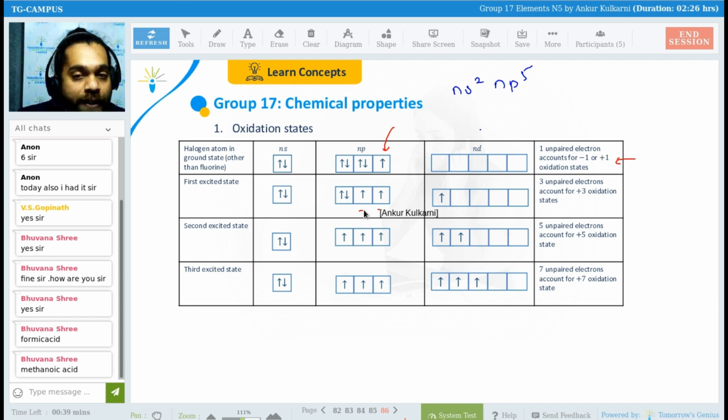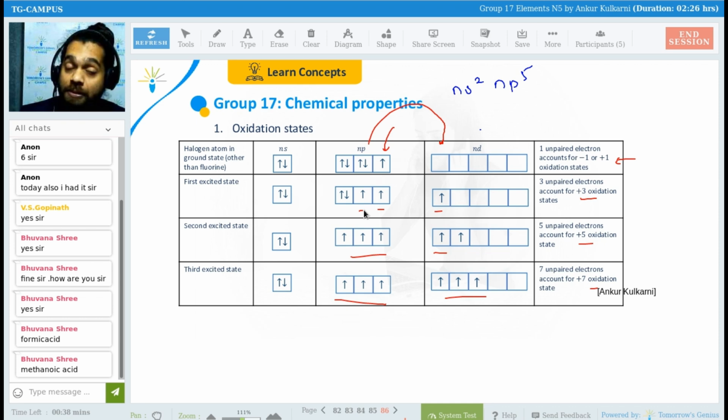Similarly, it can take 3 more electrons to become stable, so +3 oxidation state is possible. It can give away the 3 electrons also. Similarly, 5 unpaired electrons, so +5 is also possible.